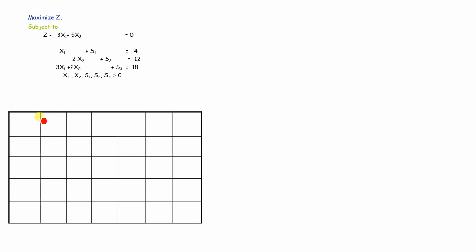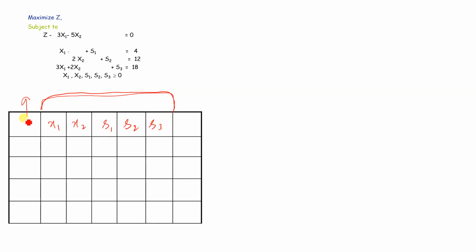These columns are dedicated to the coefficients involved in the system, that is x1, x2, s1, s2, s3.